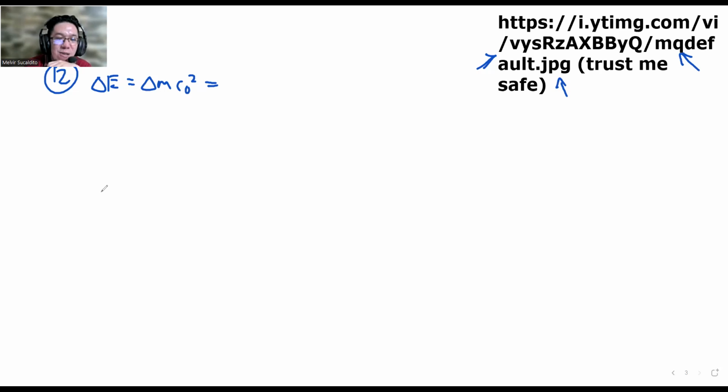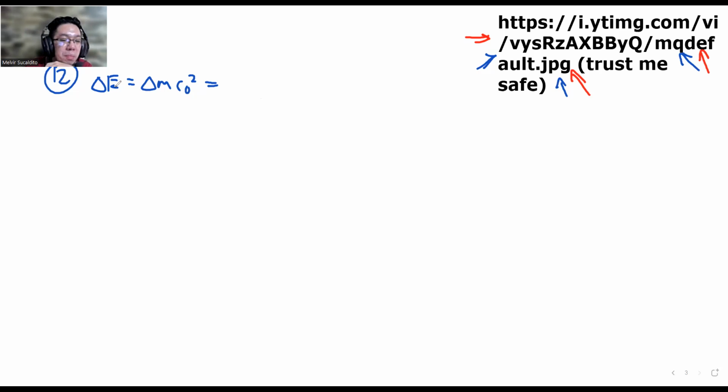Being a curious kid, I trust you. This is safe. Please type it manually. It's a very safe website, trust me. Anyway, go ahead and solve for number 12.